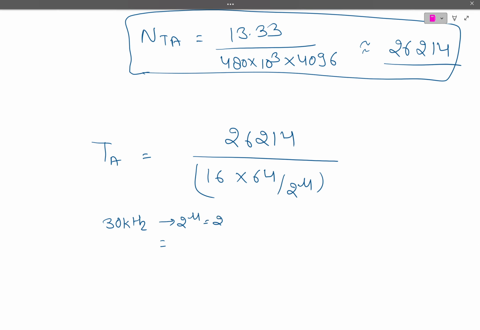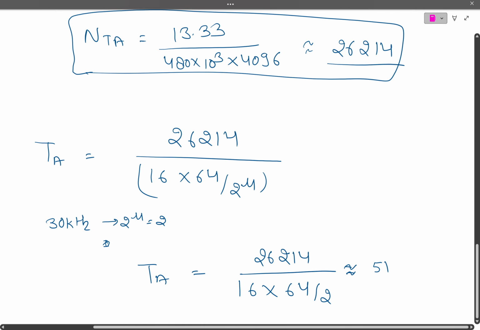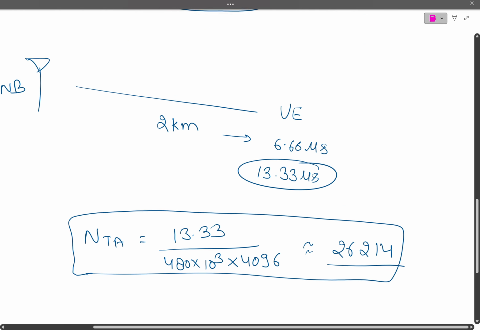Now if you consider 30 kilohertz of spacing, in that case it will be 2 since mu is 1, so TA will be 26214 divided by 16 into 64 by 2, which is roughly 51.